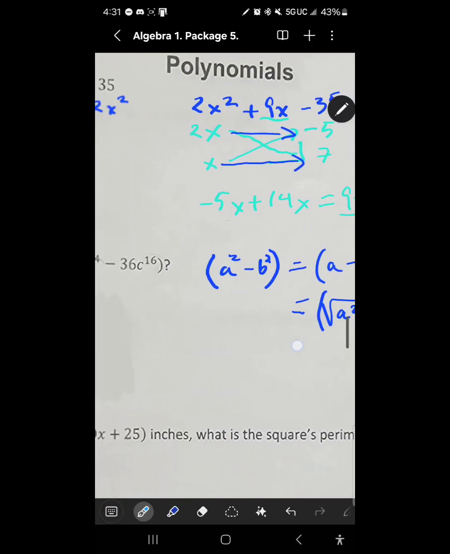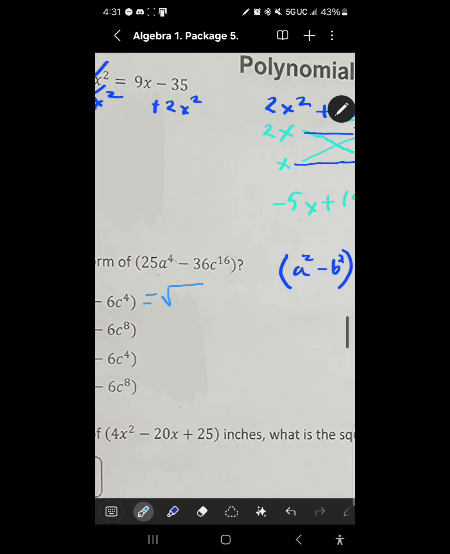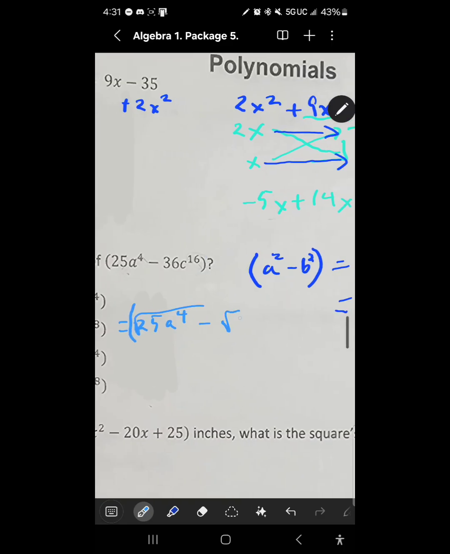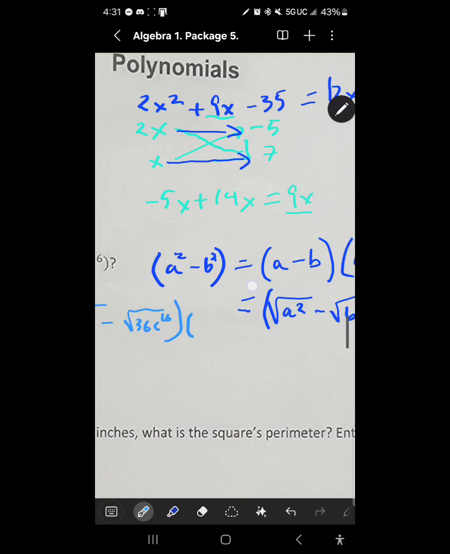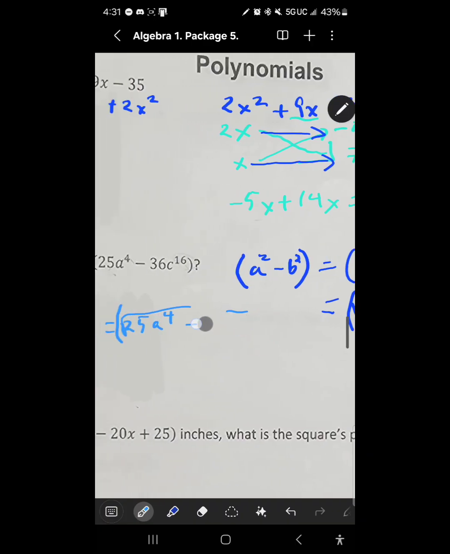Now in this case, I'm going to do it like this. So I have the square root of the first, which is 25a to the 4, minus the square root of 36c to the 16, times the same, but now adding them together, plus the square root of 36c to the 16.